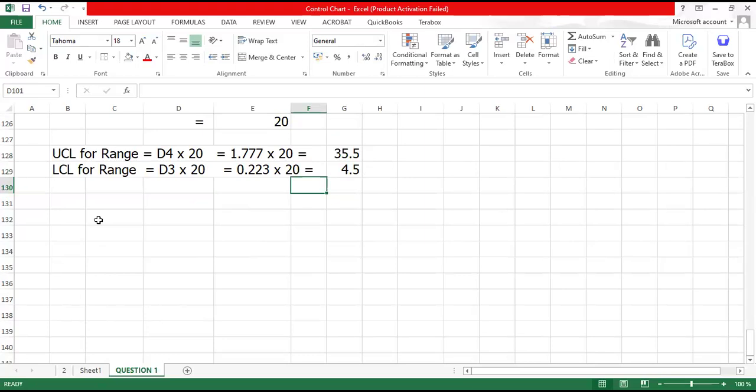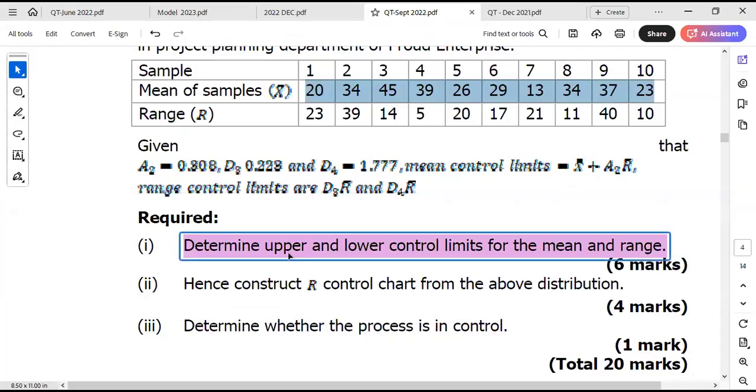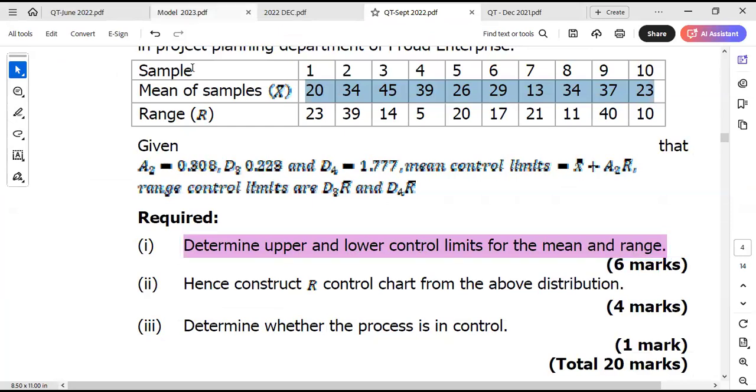Roman 1 said you look for upper control limit and lower control limit for mean and range. Now we have for range, let's also get for mean.